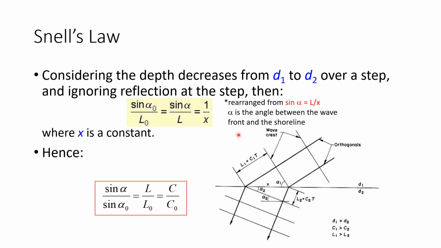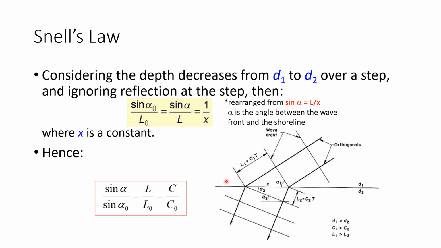When the wavefront approaches this change of water depth, this side feels the bottom first, so this side slows down, and the wave is refracted. Subsequently these are the refracted wavefronts, and this is the orthogonal, which now has been refracted so that it is oriented in the normal direction to the shoreline, assuming that this change of water depth is parallel to the shoreline.